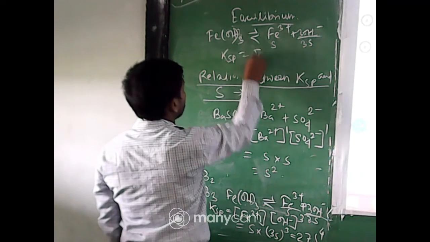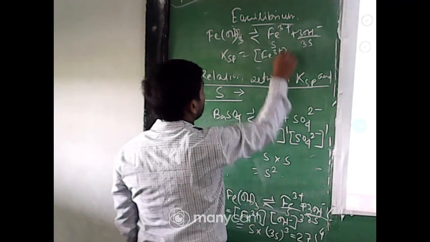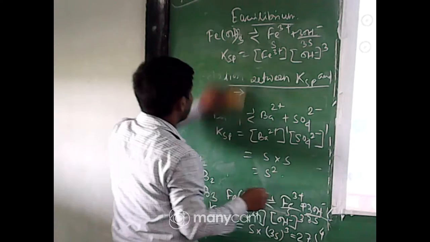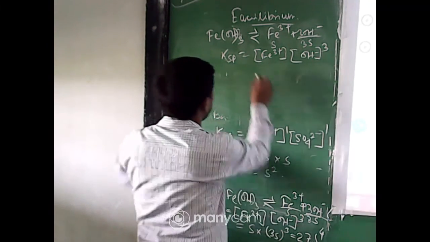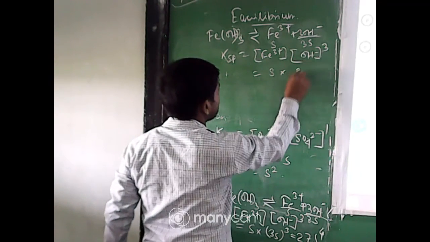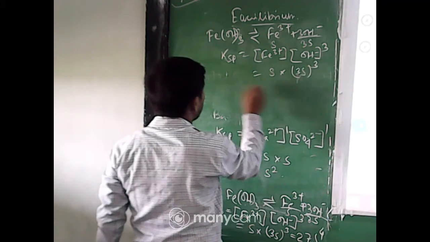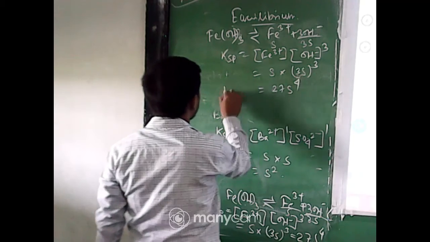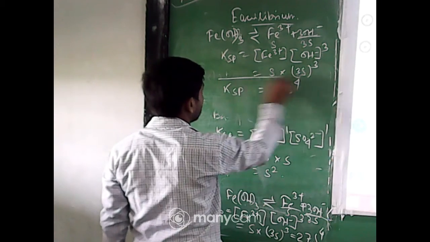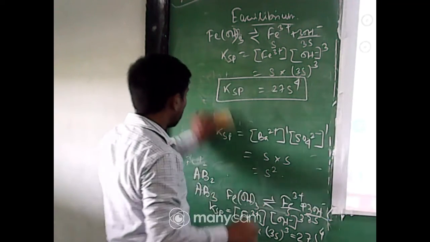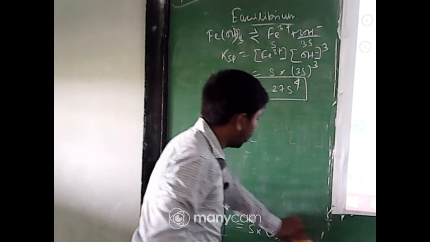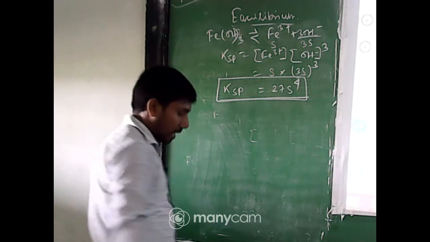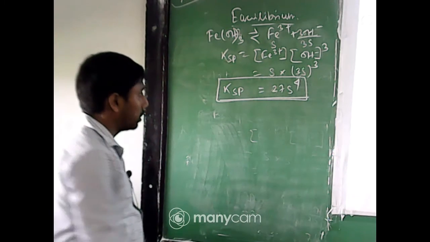Ksp equals Fe3+ into OH minus cubed, putting the value of S, that is S into 3S cubed, that is 27 S to the power 4, equal to Ksp. In this way we can calculate the relation, that is Ksp equals 27 into S to the power 4.